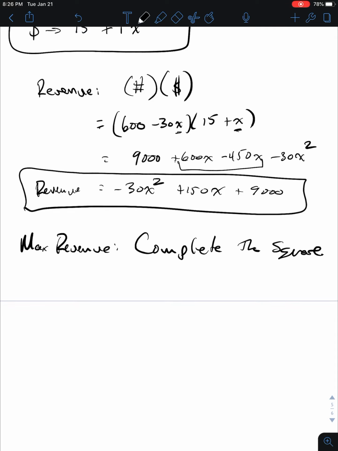I can factor out the negative. What's the rule? The a value has to be 1, so this 30 has to come out.